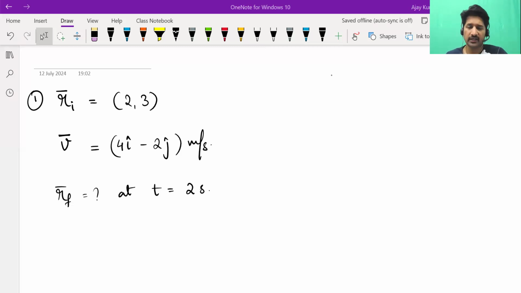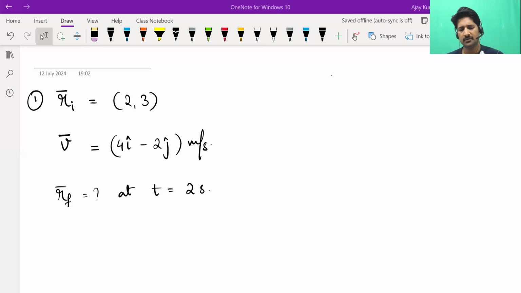Now this velocity 4 i cap minus 2 j cap, is it instantaneous or average, or you cannot say? Or for both you can take? What do you think? Sir, instantaneous. Okay. Do you think it will change from instant to instant?